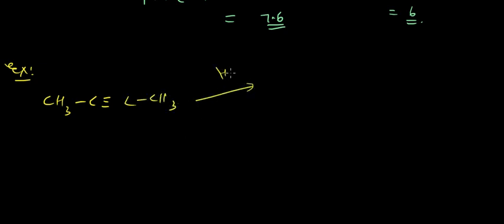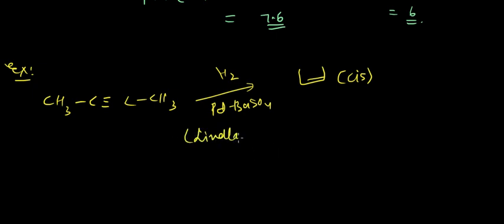Okay, now let's see some more examples. Suppose we have this alkyne, and when you pass it through H2 in the presence of Pd/BaSO4, we get this cis structure. This is also called Lindlar's catalyst.